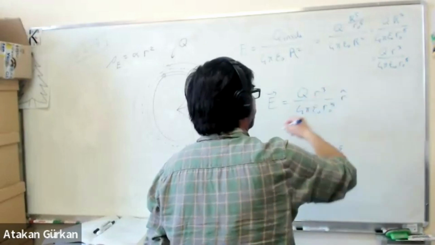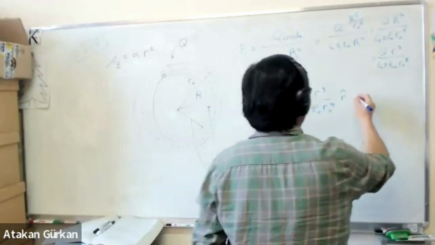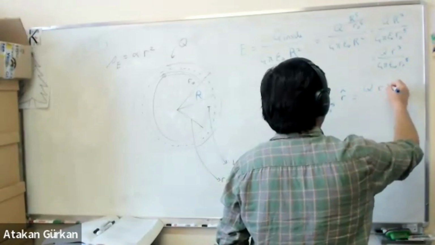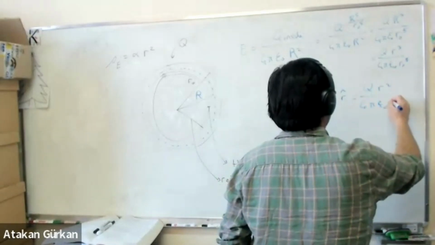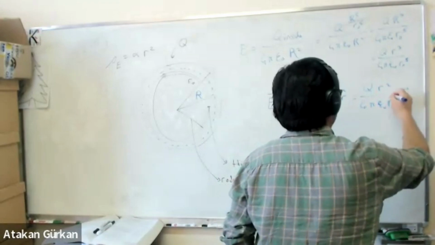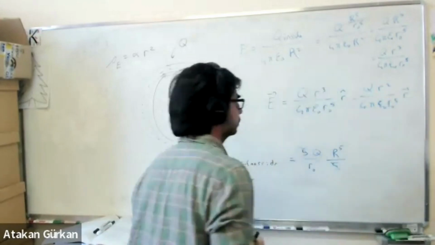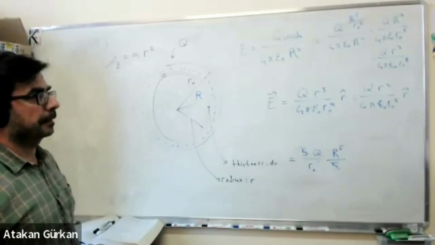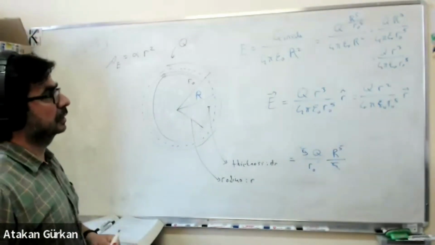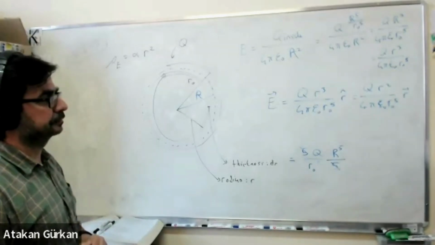Or I can absorb one of these into that, and I'm going to have Q r squared divided by 4 pi epsilon naught R0 to the 5th times r vector. These are the same thing, just the definition of r hat. And that's how I will give the electric field inside this sphere.